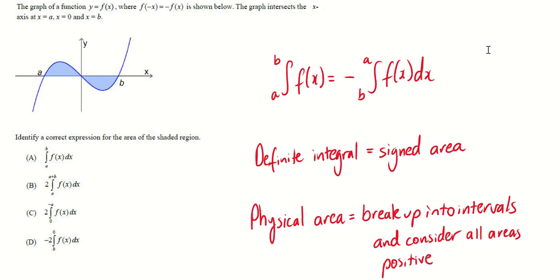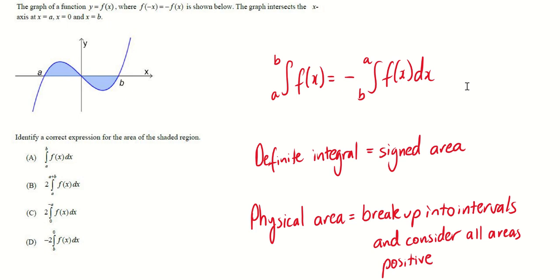Alright, so looking at the problem, we need to know some properties of integration to have a go at solving this problem. So what we know is if we have a definite integral between a and b, if we switch the numbers around, so it's b and a instead, it becomes the negative of that integral. Okay, so you can try that by subbing in some values yourself.